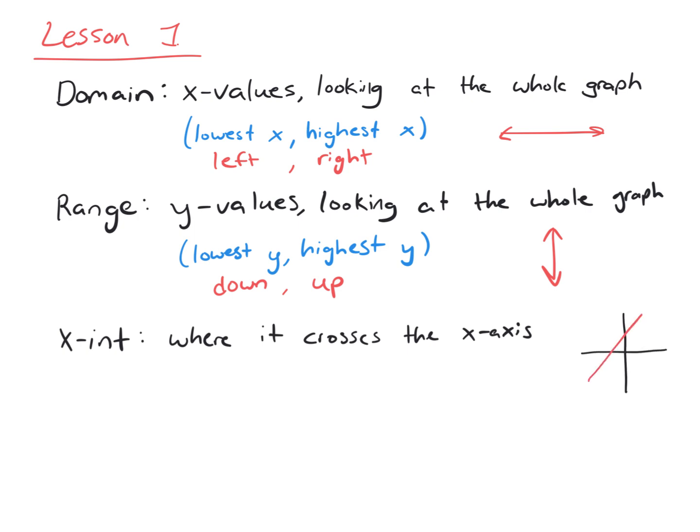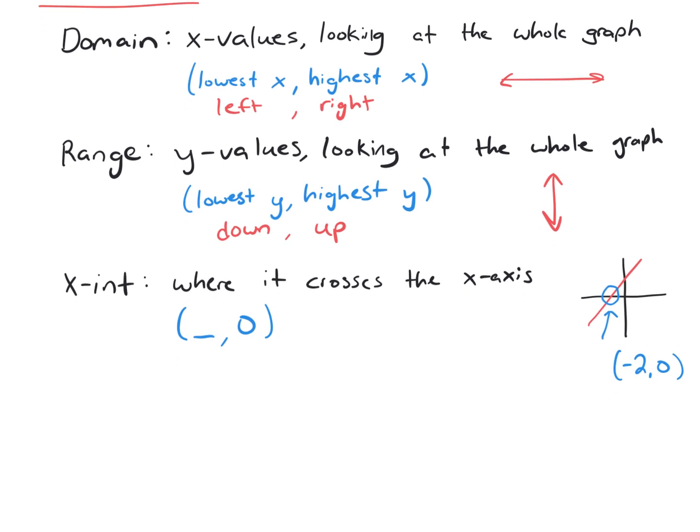The x-intercept is where it crosses that x-axis. How do we write intercepts? As coordinates. So it's some number and then my y is 0. If you were looking at this picture, it would probably be a negative number, 0.